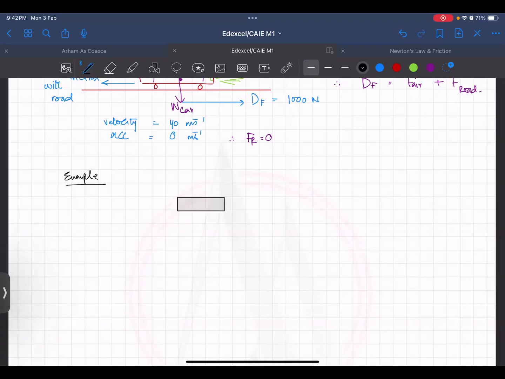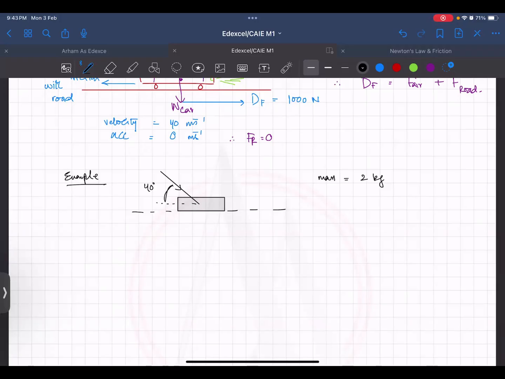this is the block, and the mass is equal to 2 kg. And then there is a force acting like this at an angle of 40 degrees.